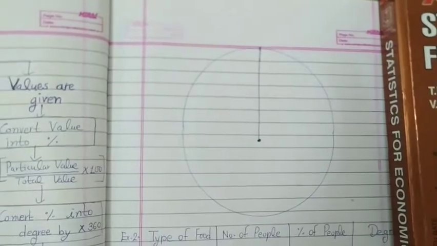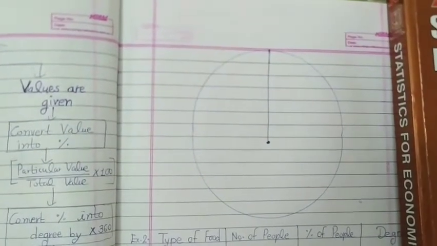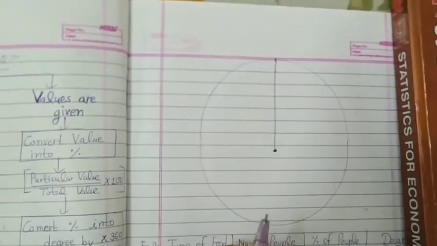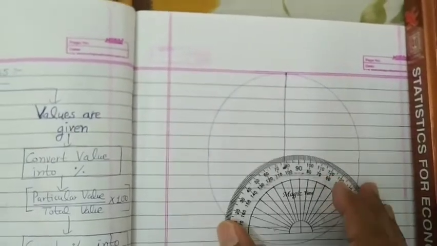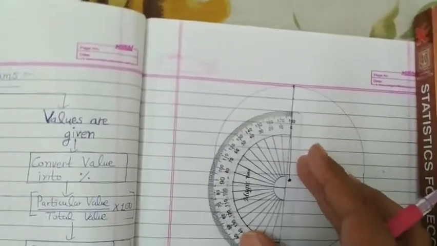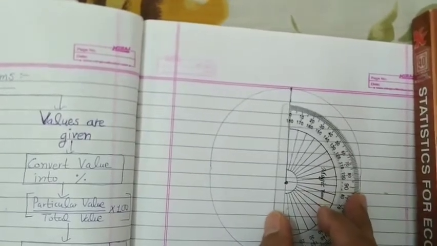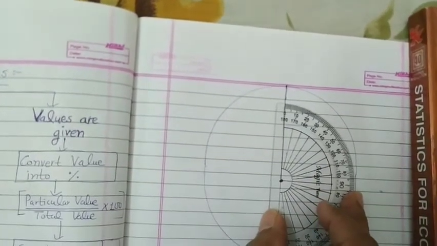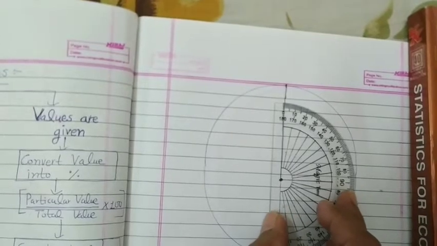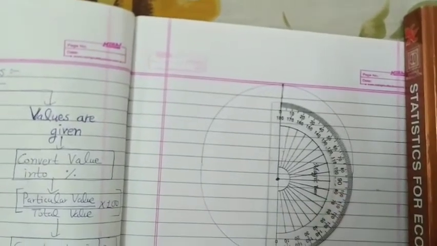Now first degree is 234 degrees. So now you have to make a 234 degree angle from this. Now you all know that here only 180 degrees is there.